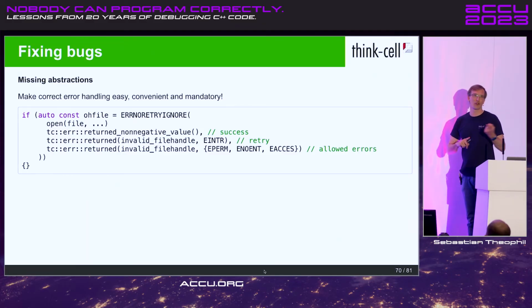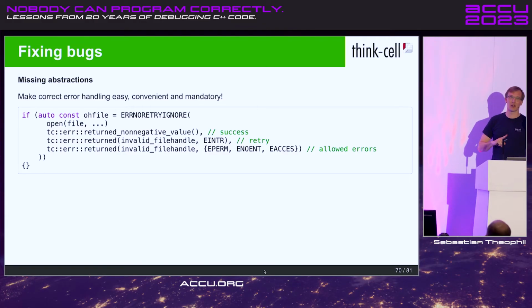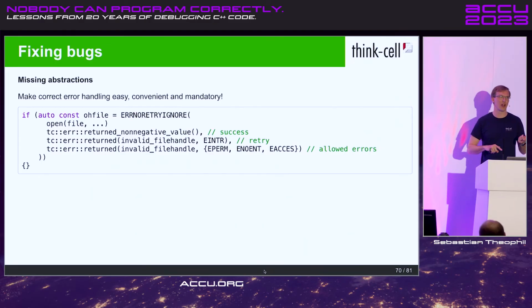There are cases where you want to retry when it returns interrupt. There are cases I don't care about that may happen, like the file doesn't exist, I don't have access to the file. These will happen, I return nothing, I'm happy. And then there are other error codes where I don't know how that should happen and I would like to investigate because maybe I can do something about it, etc. So that's error handling.